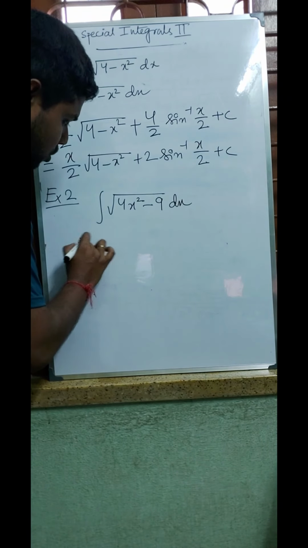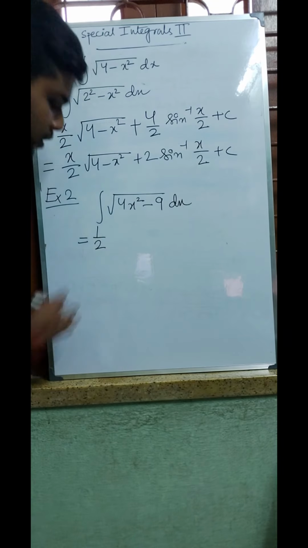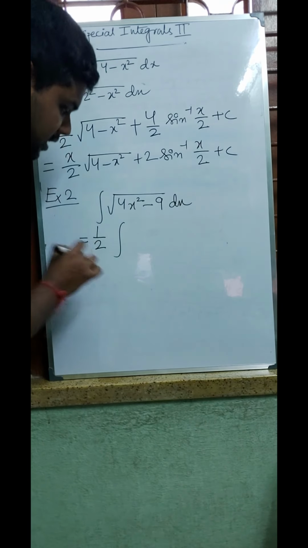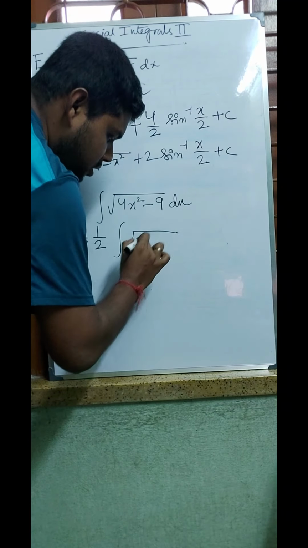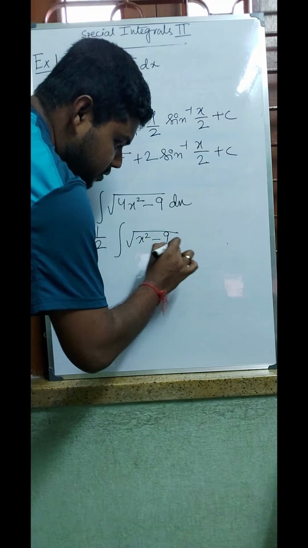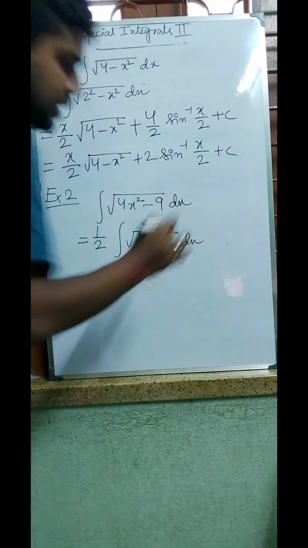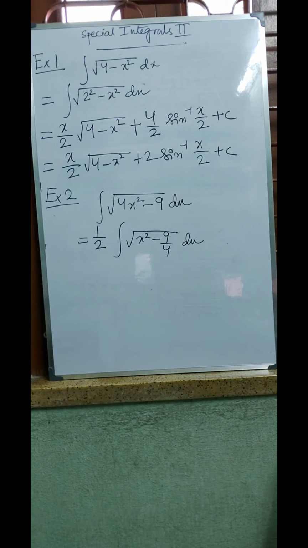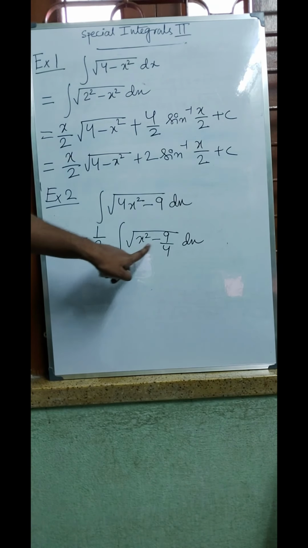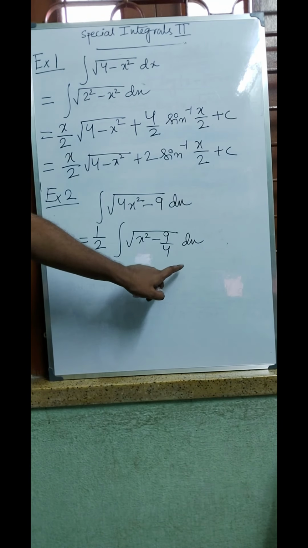So if I divide the whole thing by 4, 1 by 2 will come out. Integration under root x square minus 9 by 4 dx. Fine. So now this is in the form x square minus a square, a being 3 by 2.